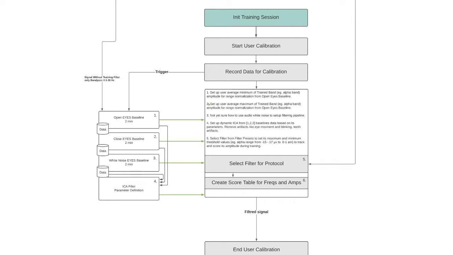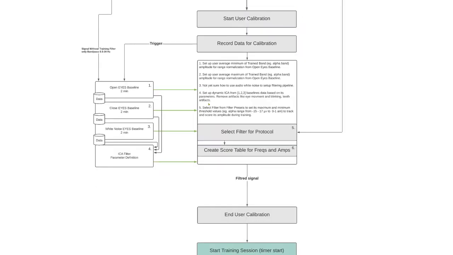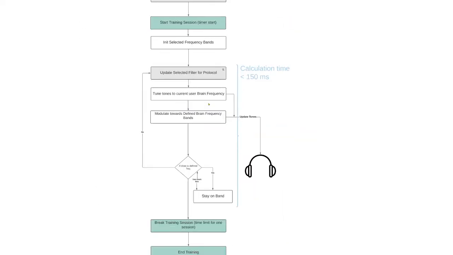But we use open and closed eyes, and we create a score table for frequency and amplitude. After that we end user calibration, so we know the minimum and maximum of the desired frequency from the user, and we start our session.